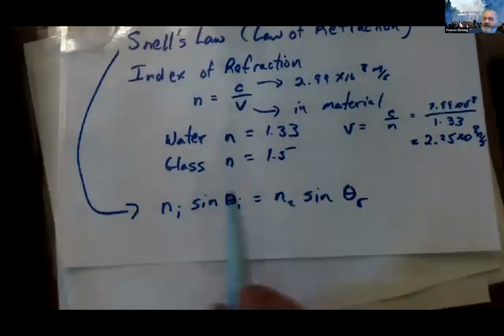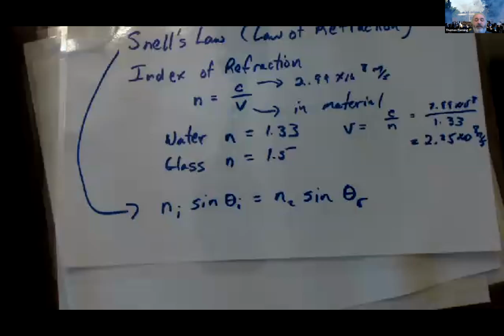If I take the index of refraction of the material that I'm starting in times the sine of the angle of incidence, it will always be equal to the index of refraction of my new material times the sine of my angle of refraction. And so I can solve problems in that fashion.